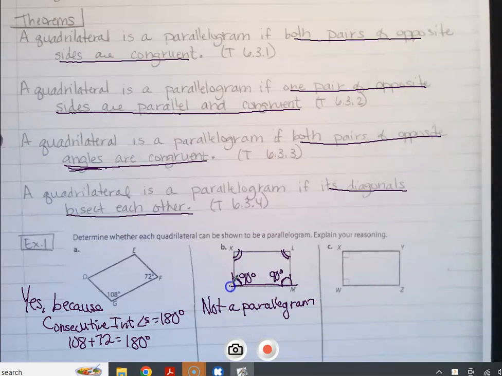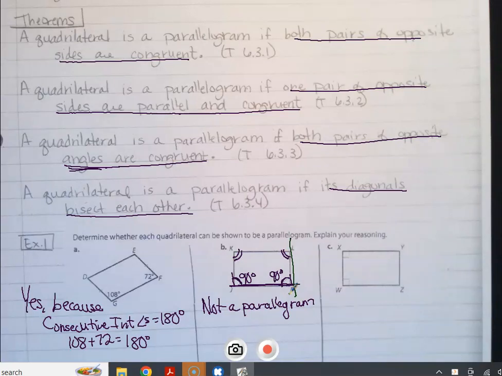This set, if we say they're congruent, we know the consecutive interior angles are congruent. Assuming it's a parallelogram, then that means they each have to be 90. But now the problem is that L and M are not congruent, so there's no way that they sum to be 180 degrees.